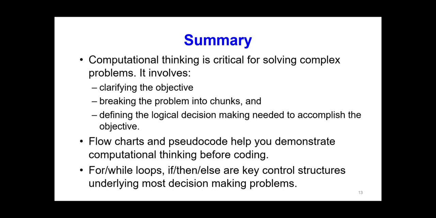For and while loops, if-then-else structures are key control features of computational thinking that underlie most of the decision-making problems you'll see in the rest of this course. Some of the tasks you'll get are more complicated, but they can be broken down into these simpler components.